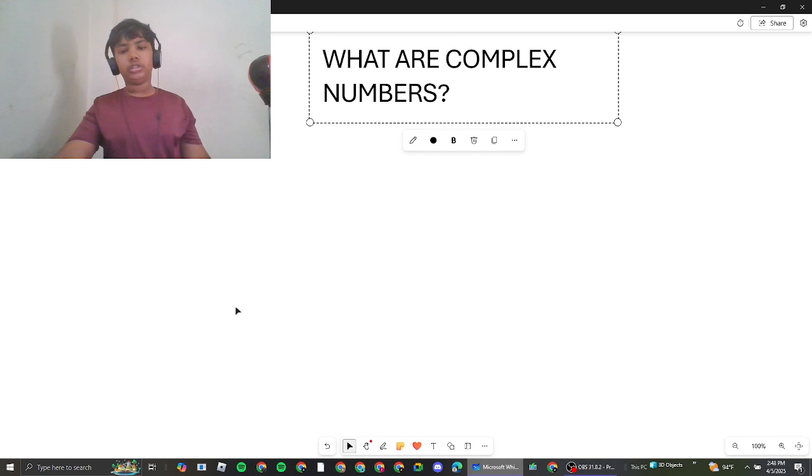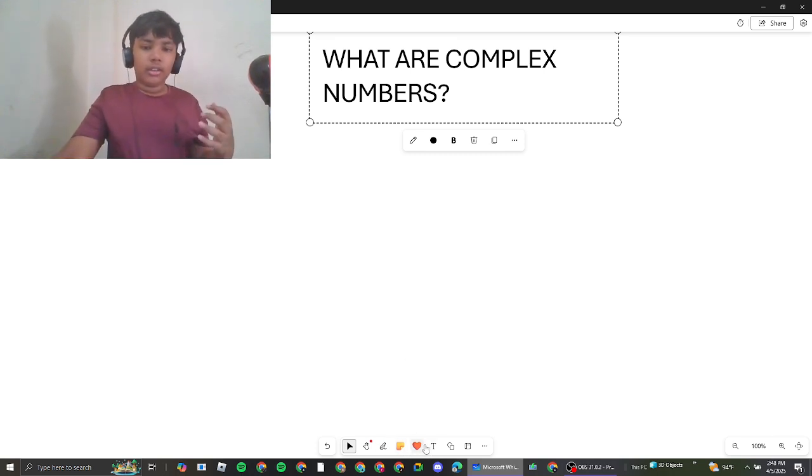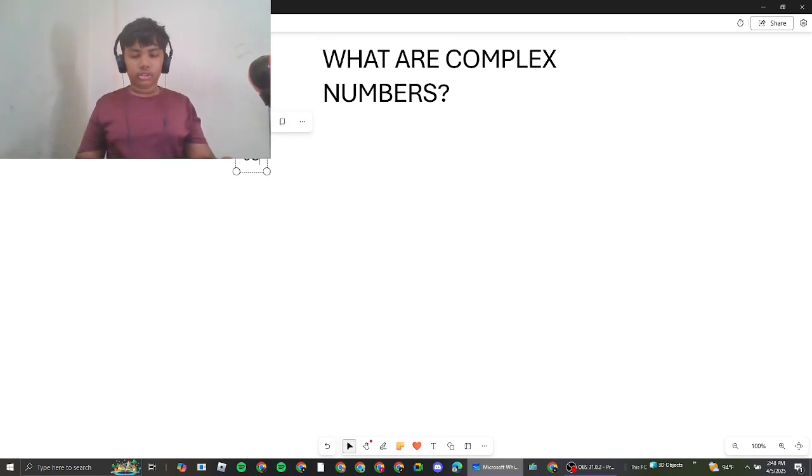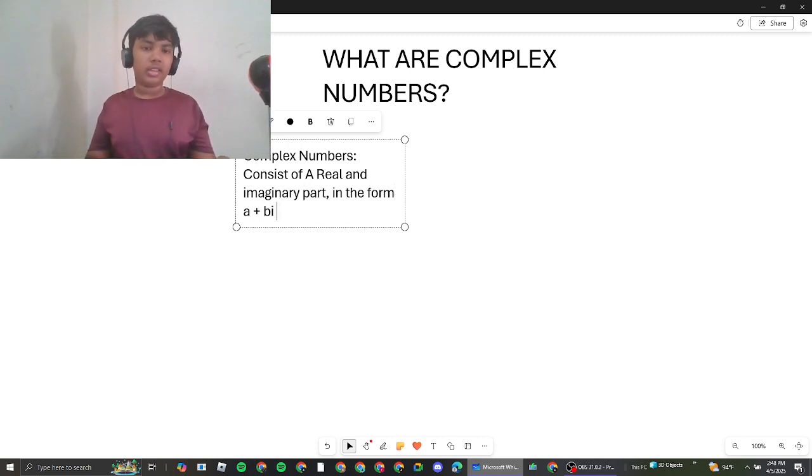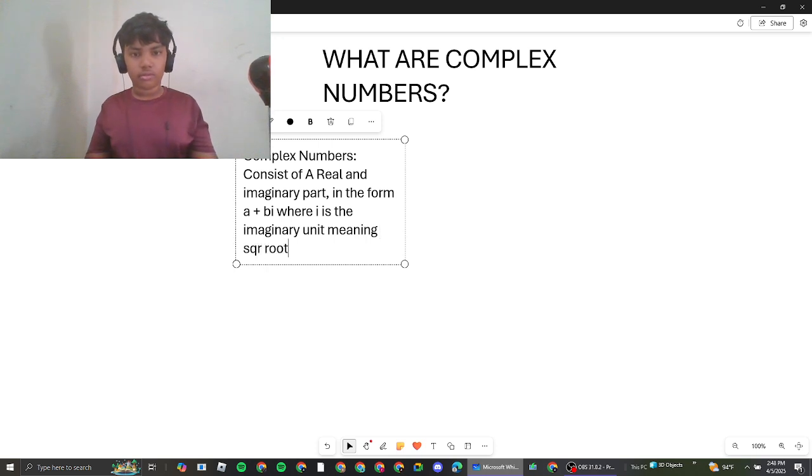Okay, so complex numbers consist of a real part and an imaginary part in the form a plus bi, where i is the imaginary unit, the square root of negative 1, and a and b are real numbers.